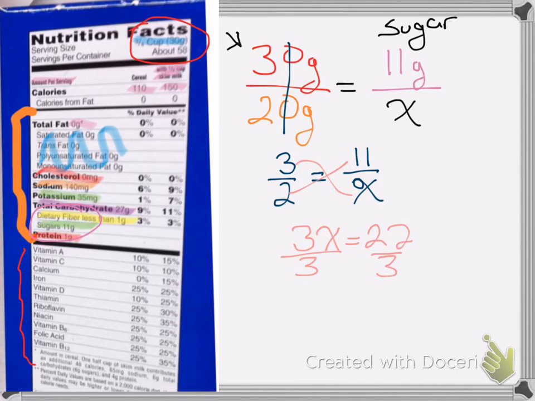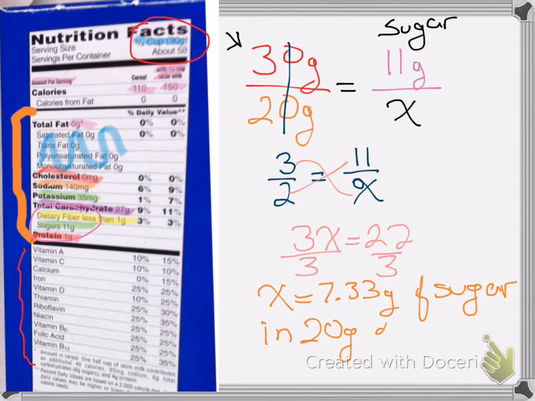Divide by 3 on both sides so we can solve, and on my calculator, X equals about 7.33 grams of sugar in 20 grams of cereal.